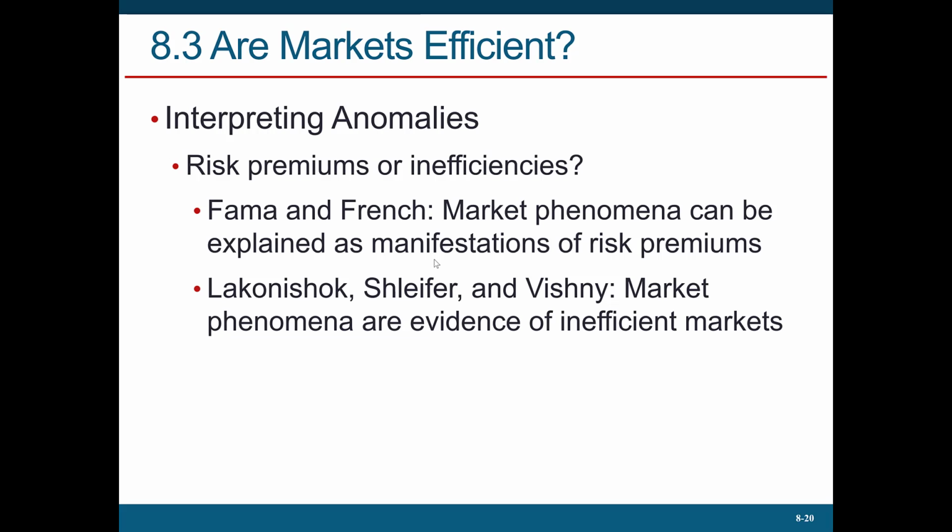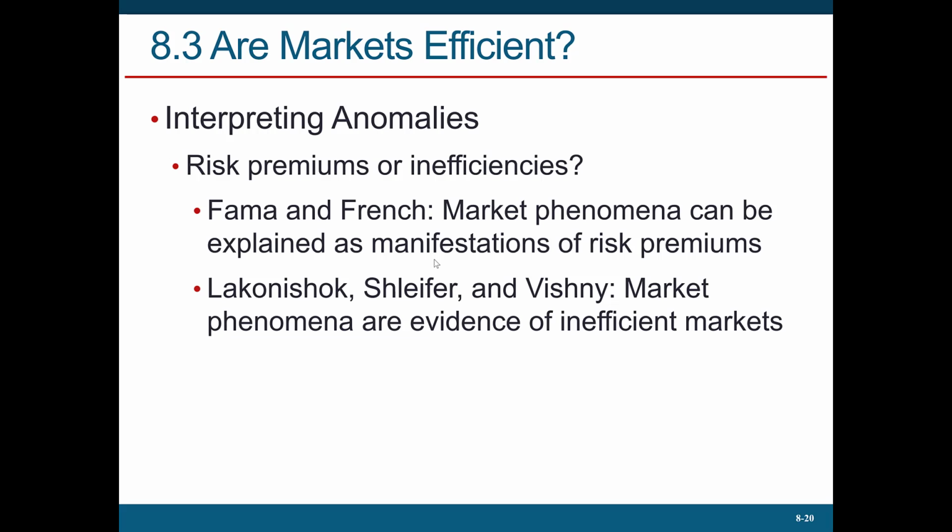Now, how do we interpret all this evidence? This seems to be inconsistent with market efficiency, but there is a group of people, proponents of market efficiency, who believe that this evidence does not necessarily constitute evidence against market efficiency. All these return patterns do not necessarily mean that markets are inefficient.